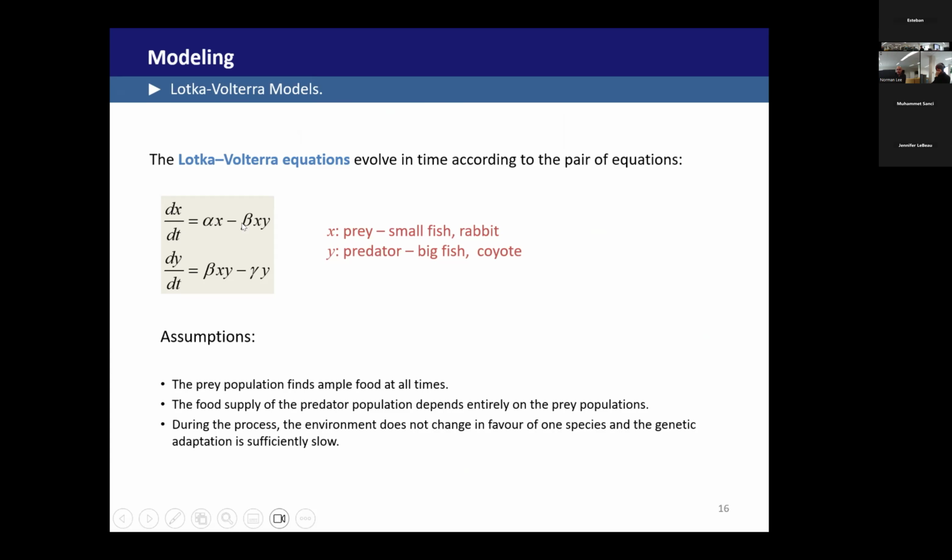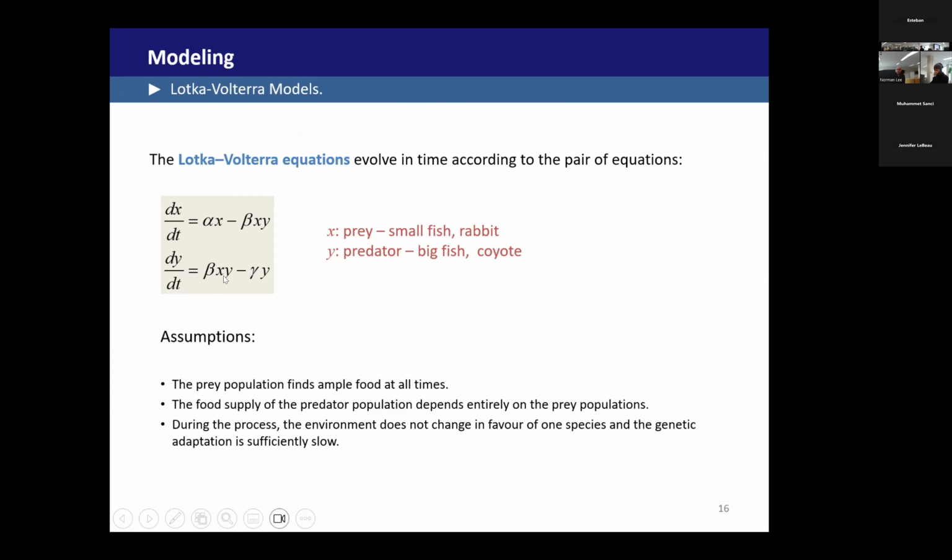Basically, x is the prey and y is the predator. You could assume the prey is a small fish, a rabbit, whatever you want to assume in your model. We always have a constant production of this small fish, and it is being consumed at the rate beta. We put this one negative because it is taken out of that pool.